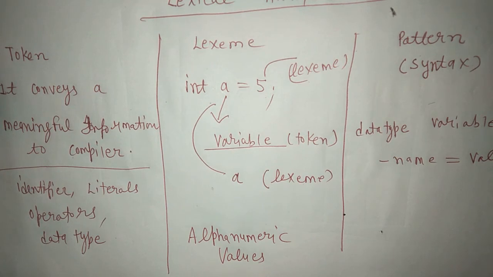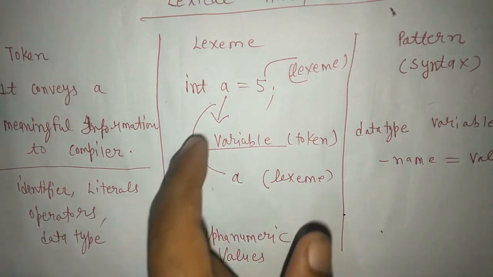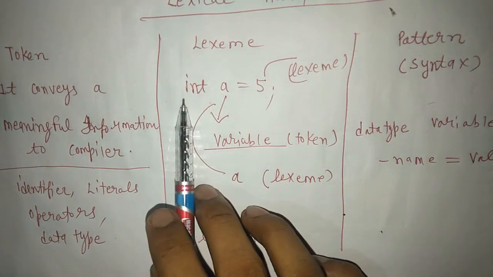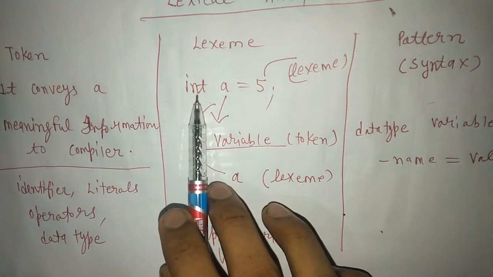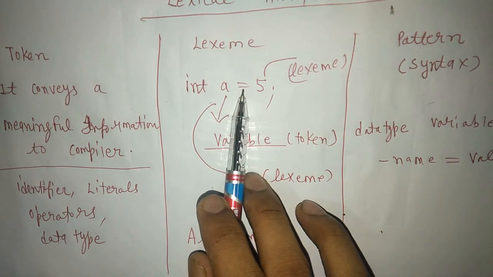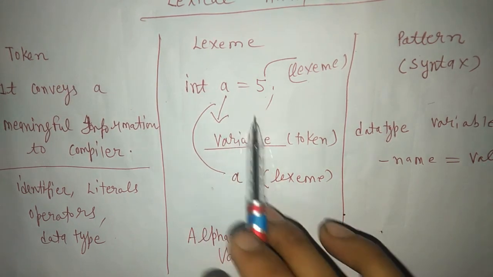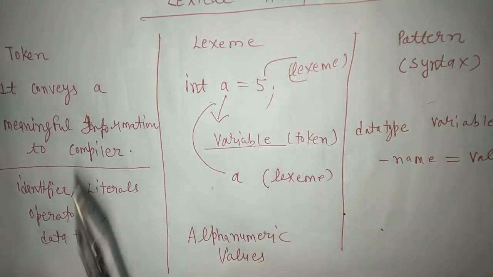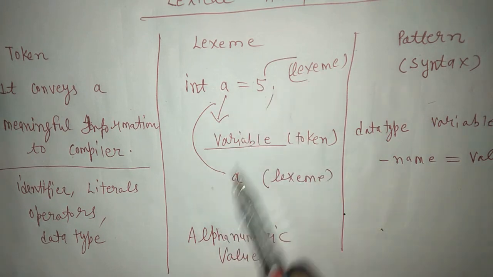The compiler understands tokens, but these tokens are written with the help of lexemes. int is written how? These three letters are alphabets. What is a? It is an alphabet. What is this? The assignment operator, a kind of operator. It is a token, but within tokens there is some value. It is a kind of character. 5 is what? A value, a literal.